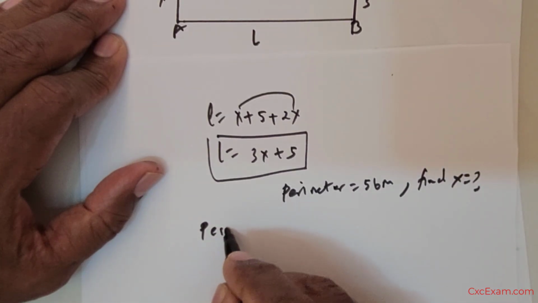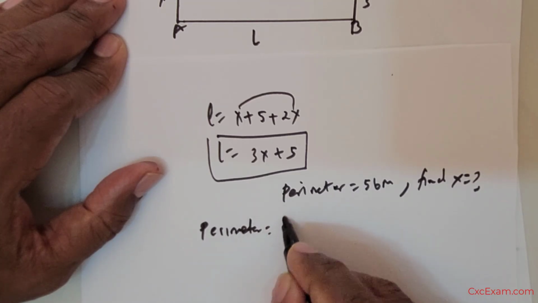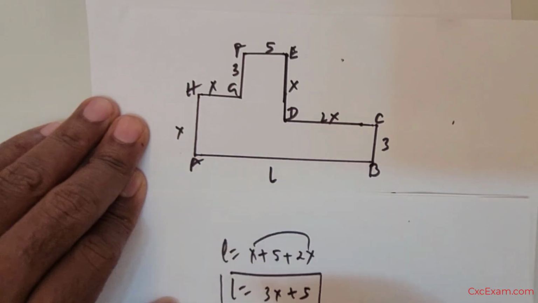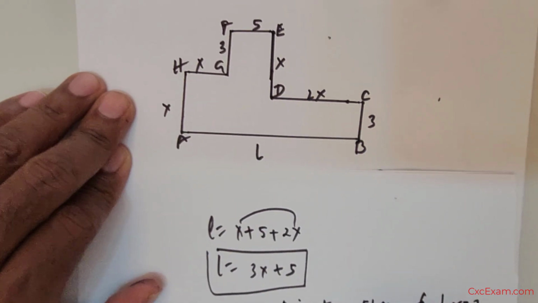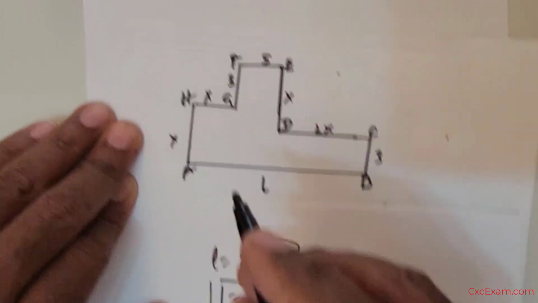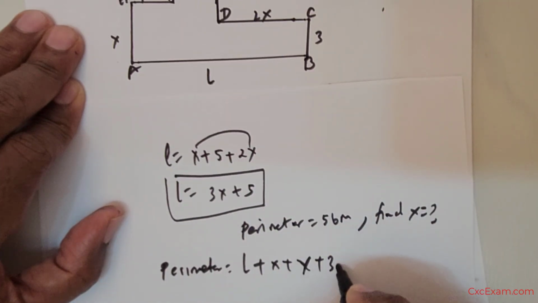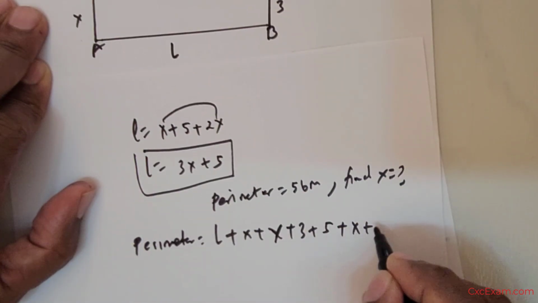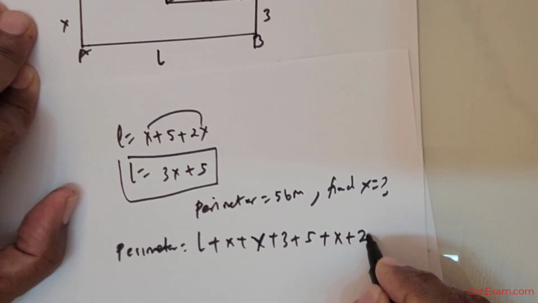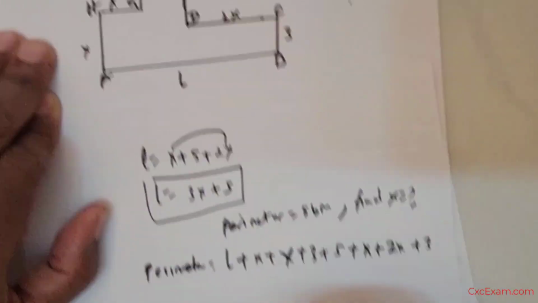I'm going to write it like this: perimeter is equal to L plus X plus this X plus 3 plus 5 plus X plus 2X plus 3, this 3.